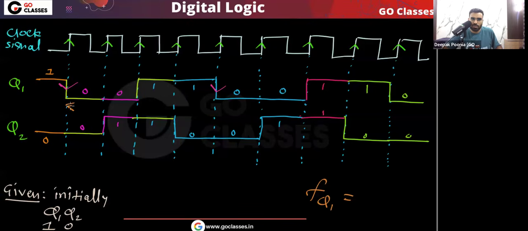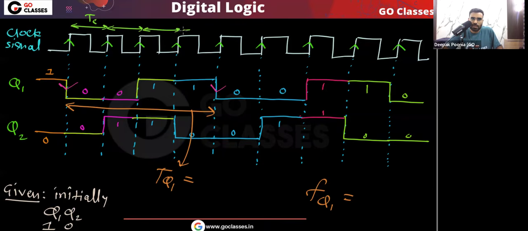If you see from here to here, this is your TQ1. And in this TQ1, how many TC do I have? You can see I have this TC, then this, then this, and then this. So again 1 TQ1 equals 4 TC.